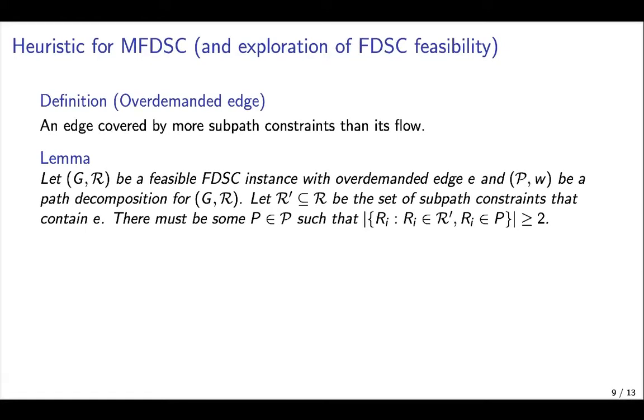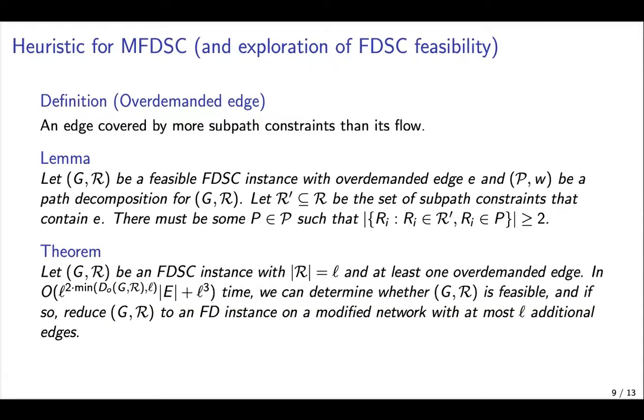This means that we can consider every possible way of merging subpath constraints on those over-demanded edges, and if we're able to do so without running into a situation where there are still over-demanded edges left, but no more merges available, we know we found a new instance where a path decomposition in that instance would also solve the original problem. And we can explore these merges recursively, which gives the runtime shown here.